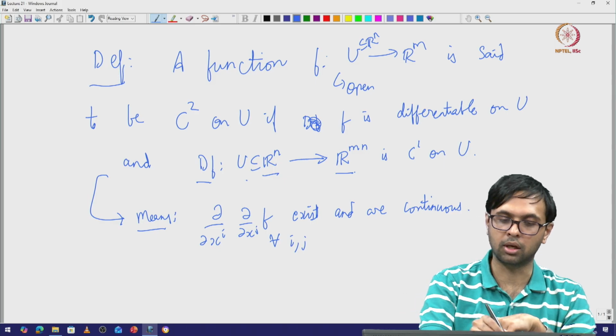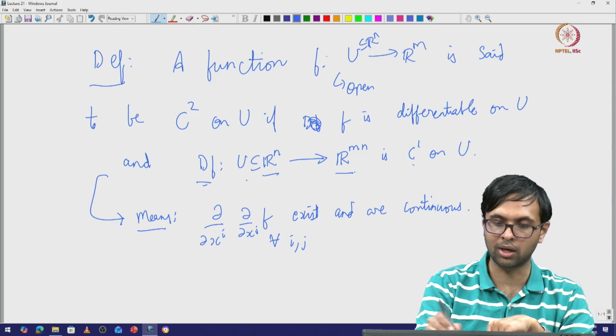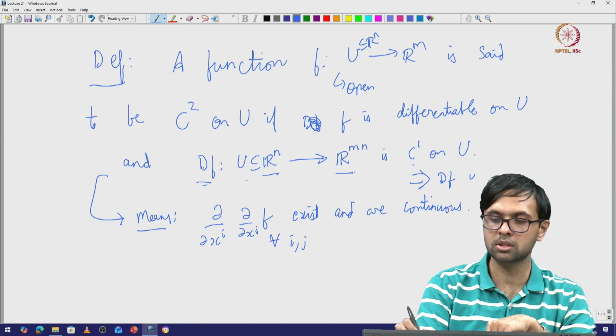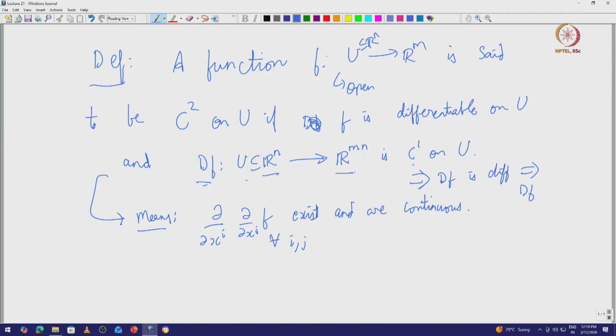Now if df is C1, this means df is differentiable, which means df is continuous. So if a function is C2, that means df is C1, which means the partials up to order 2 exist and are continuous, then df is differentiable as a function, because any vector valued function which is C1 is differentiable.